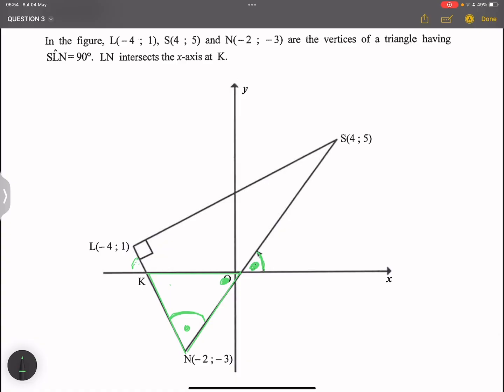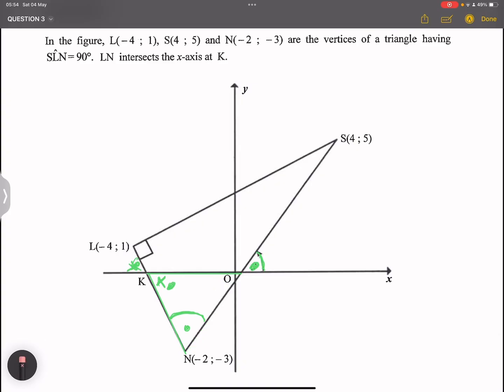To get that angle, we'll simply say 180, sum of angles in a triangle, minus this angle minus that angle over there.